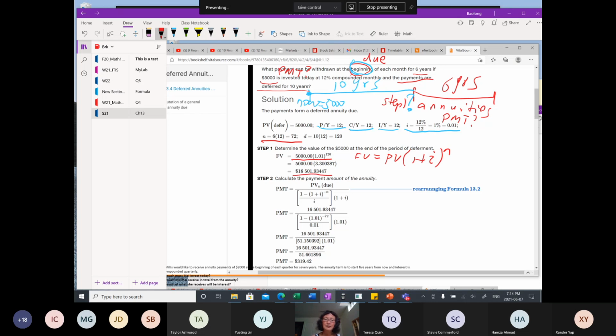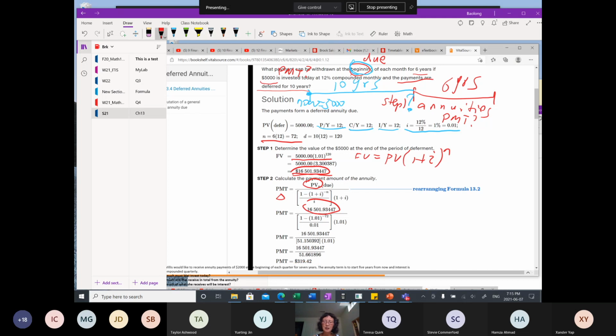This future value becomes the present value of the annuity. Then you plug into the annuity due formula, figure out what is the PMT, and this is the final result.